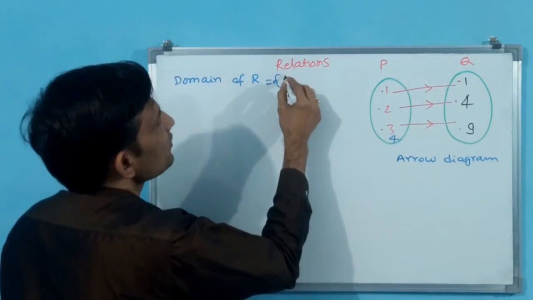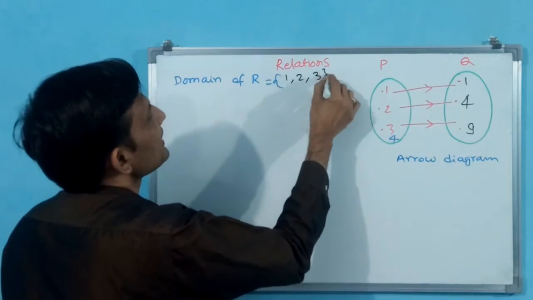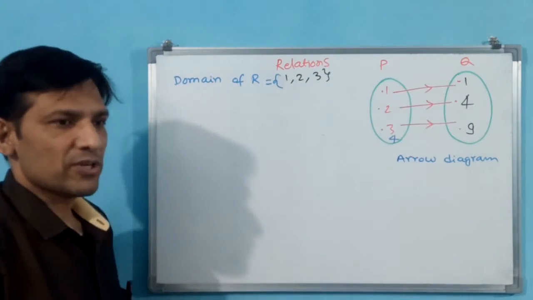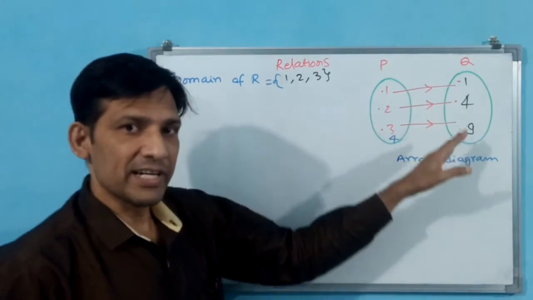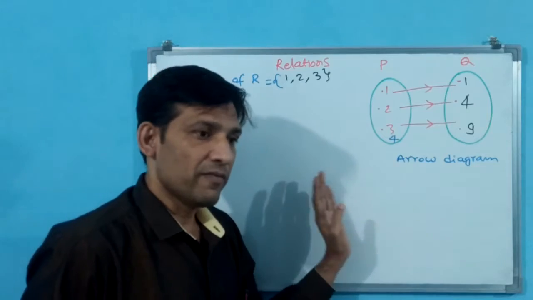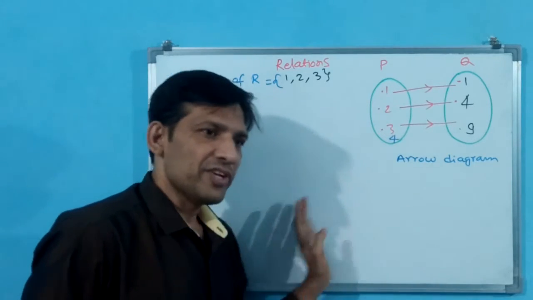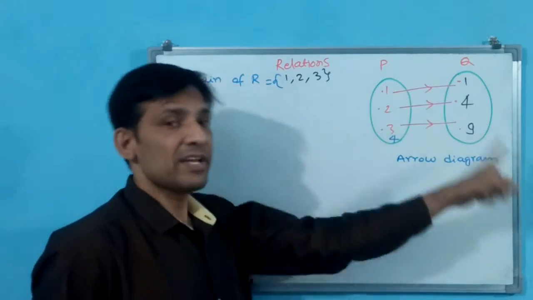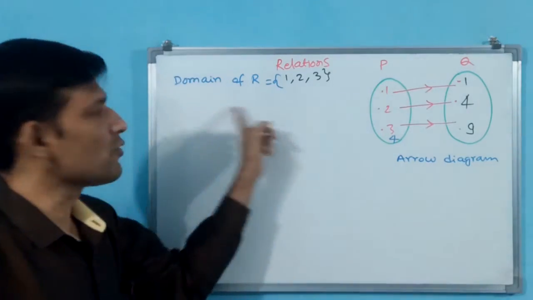Domain of R is equal to {1, 2, 3}. Domain means the set of elements in A which are having a relation, if the relation is between A and B.